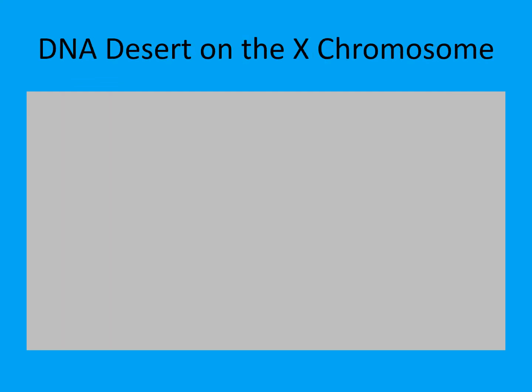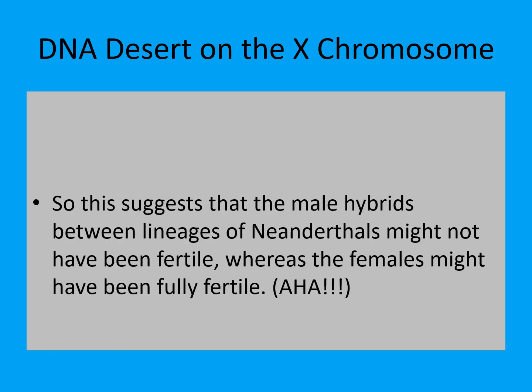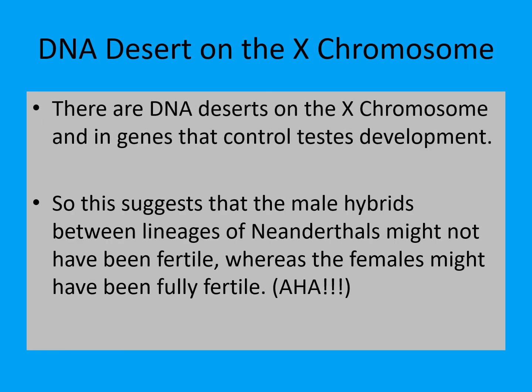From that study or a subsequent study coming from the same researchers, they found a DNA desert on the X chromosome in Neanderthal DNA, right? So there are these DNA deserts on the X chromosome that control testes development in males. So this suggests that the male hybrids between lineages of Neanderthals may not have been fertile, whereas the females might have been fully fertile.